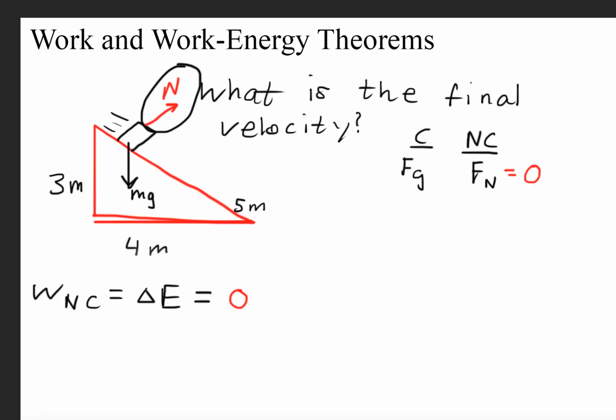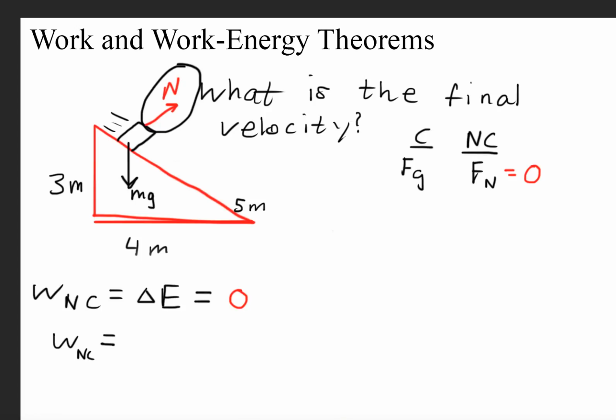So what we can do now is write this whole equation out. To clarify once more, I took the work-energy theorem equation and the value that I know for the non-conservative force, and I set them equal to 0 in this situation.